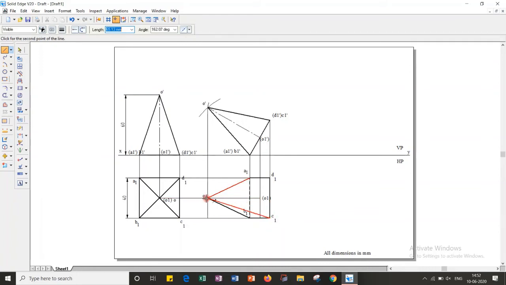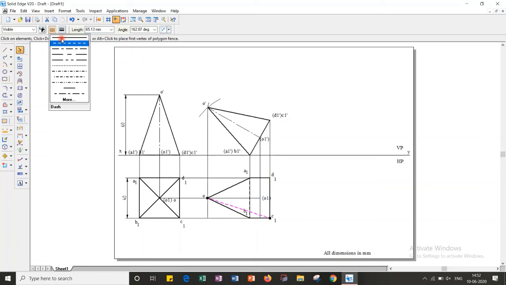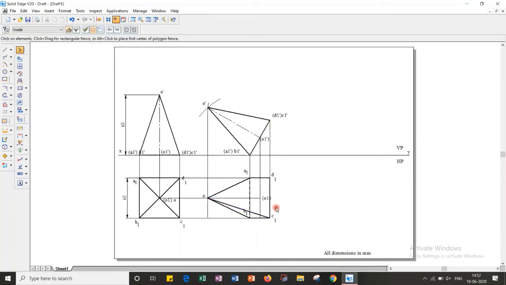Therefore, I am connecting C1 and O using one continuous line. So now there are three lines from C1: line number 1, second line, third line. So that completes C1 point.